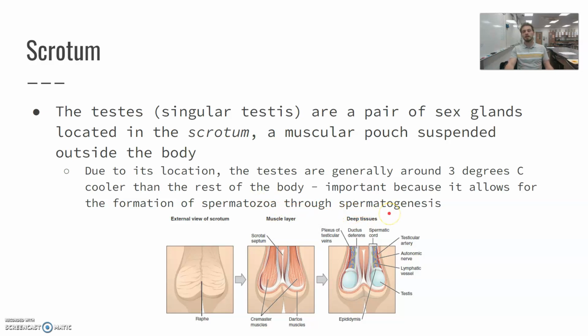Depending on the temperature of the body, the dartos muscles and the cremaster muscles can pull in the testes, or they can relax and pull the testes away from the body to allow them to maintain that 34-ish degrees Celsius temperature, compared to how hot or how cold the rest of the body is.